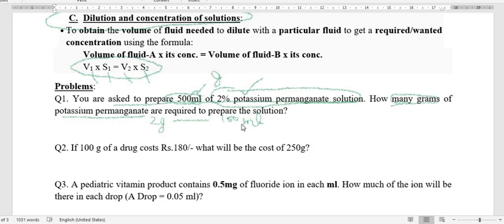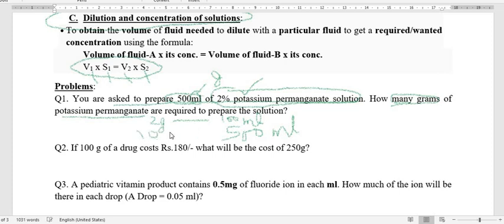For 500 ml, this is 5 times 100 ml, so 5 times 2 gram is 10 gram.